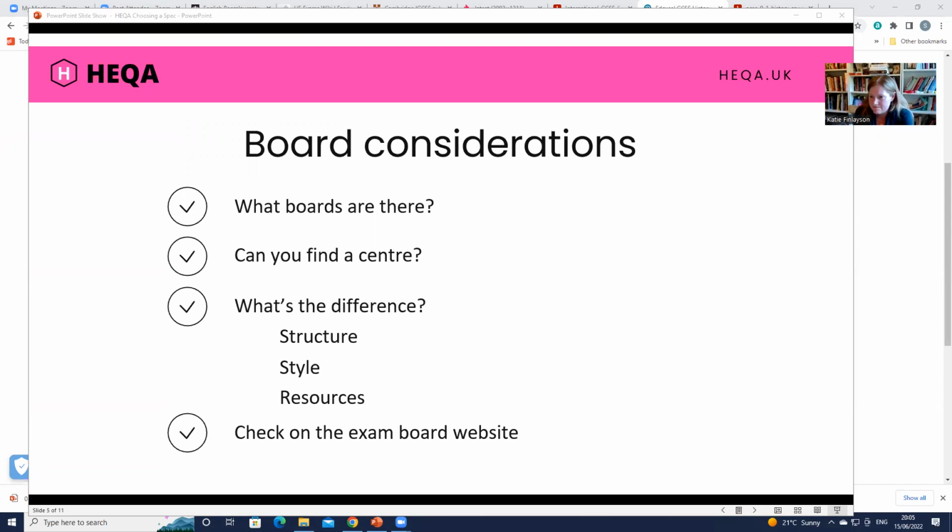So if you've had a look at some resources and you decide this is the person you really want to use, they may well have just chosen the spec for you. And obviously you can look at that both ways. You can say, well, I really like this spec, so I'm going to go and find a course that does this spec. Or you can say, I like this course provider, I'll do whatever they suggest.